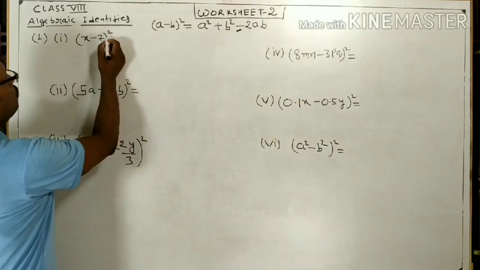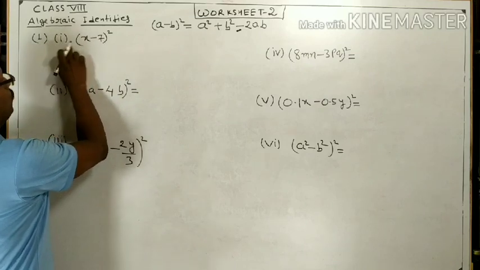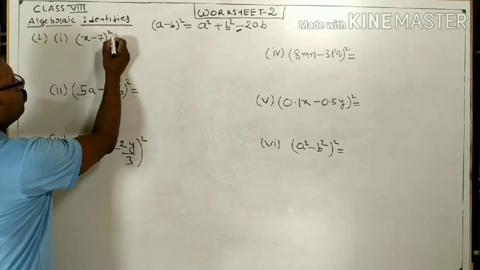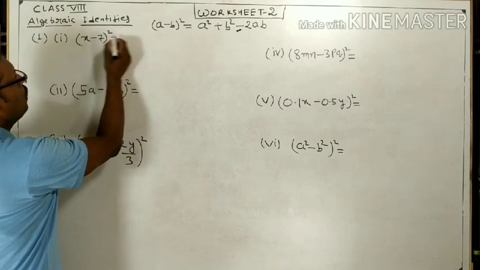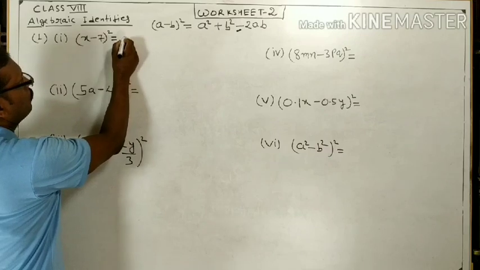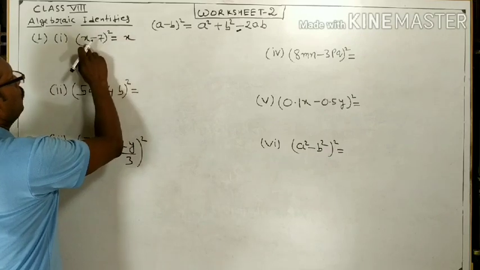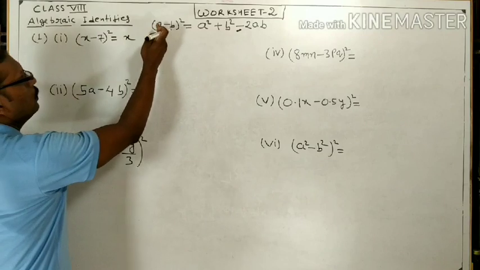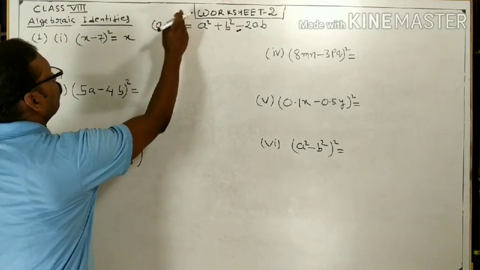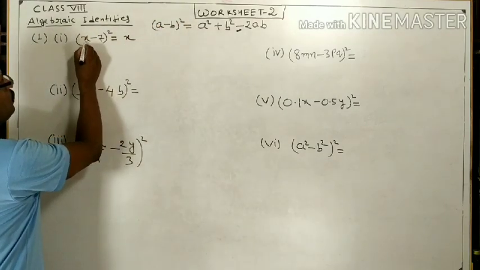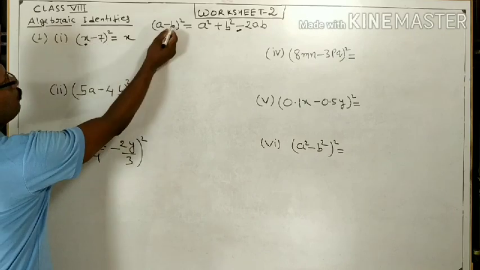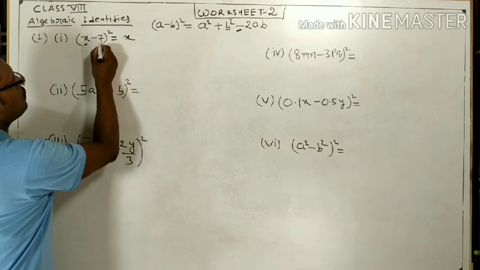So have a look. Question number 1, (x minus 7) square equals x square... This is in the form of (a minus b) whole square. In place of a we see it is x and in place of b we see it is 7.